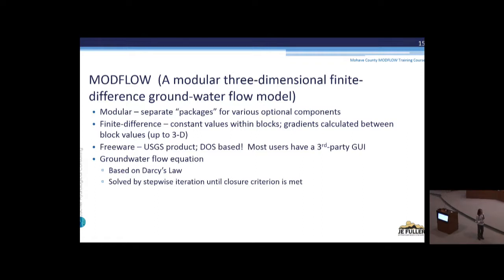Finite difference means that it's solving the groundwater flow equation, which we'll talk about a lot too, but it's assuming that the model is built out of cells or blocks, and each block has constant properties across the whole block. There's not half a block that's got one connectivity and a different connectivity in the other half.